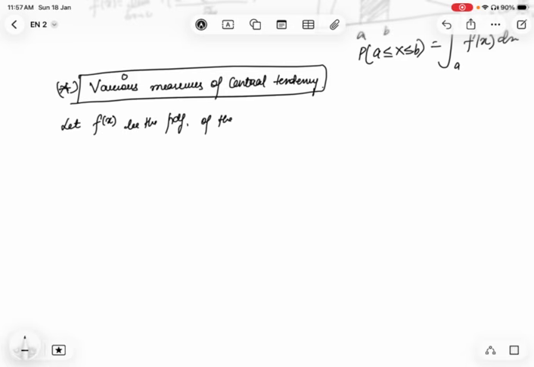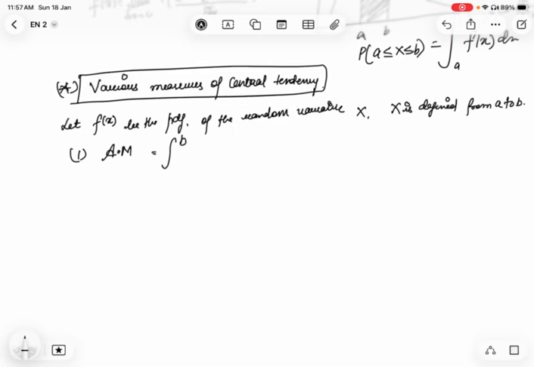Suppose f(x) is the PDF of the random variable x, where x is defined from a to b. The first is the arithmetic mean, written as AM. How will you calculate it? It is the integral from a to b of x f(x) dx. It is also known as expectation.